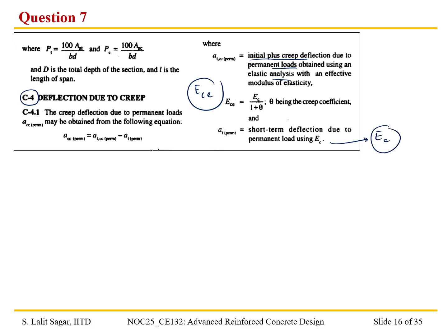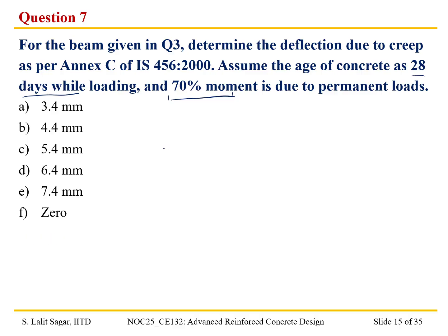For this term, we're going to consider the effects of creep, but for this term, the effects of creep are incorporated through the elastic modulus, so the effect of creep is not considered. Let us first try to find out the elastic modulus by considering the creep effect, right?